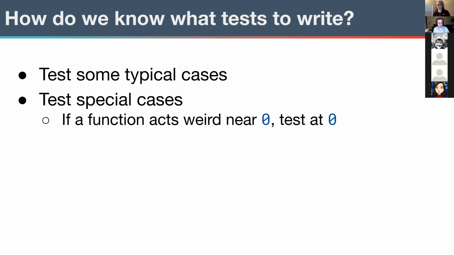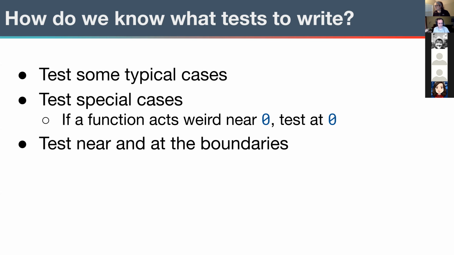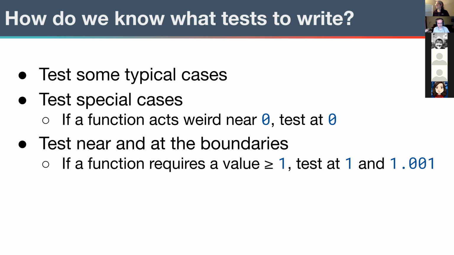So if we have a function that has some weird behavior near zero, like if it goes to infinity at zero, then we should test at zero to make sure that it's behaving correctly, that it actually does return infinity. It's important to test near and at the boundaries. So if a function requires a value greater than or equal to 1, we should test at 1 and then also near 1, so at like 1.001.